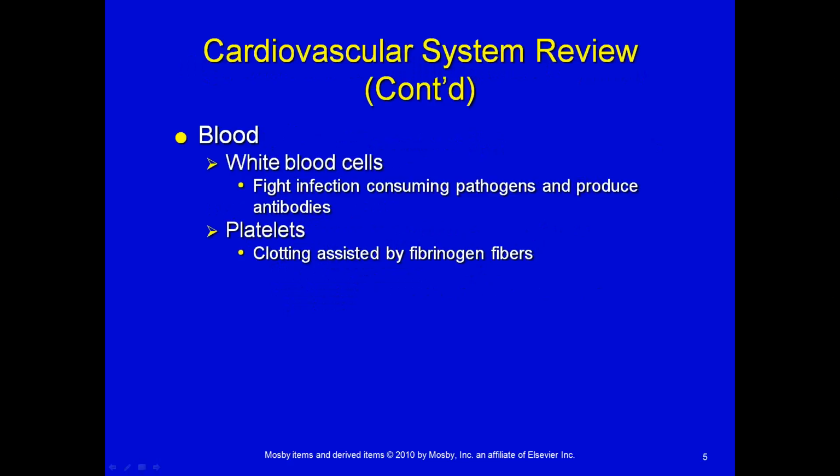Fibrinolytics lyse the fibrinogen, dissolve it so that the clot can dissolve. And you'll certainly learn about TNK, all the different TPAs that are used for both stroke and STEMI.